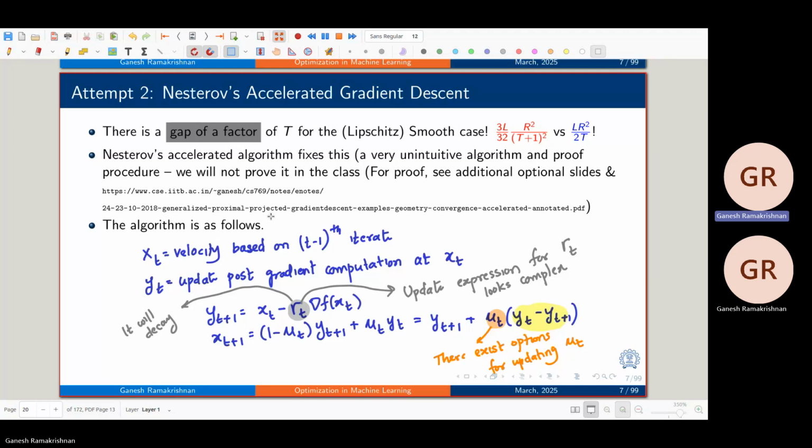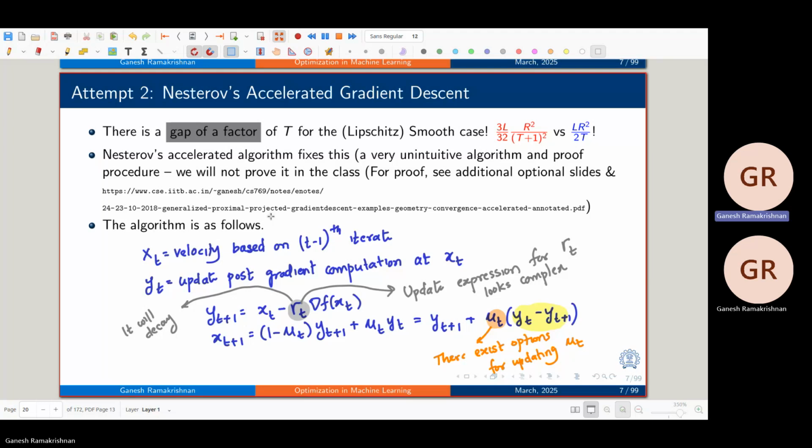Now to convince yourself that this gives what we set out with, what I had erased on the right hand side, which is velocity or momentum plus gradient at the new step, you will have to do this expansion. You can write it differently: yt plus 1, the new update, plus mu t times (yt minus yt plus 1), or put a minus mu t.